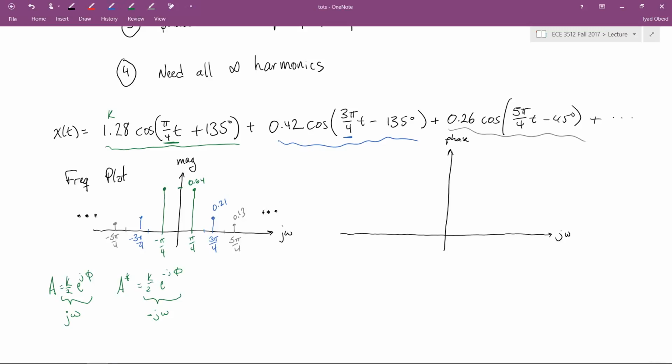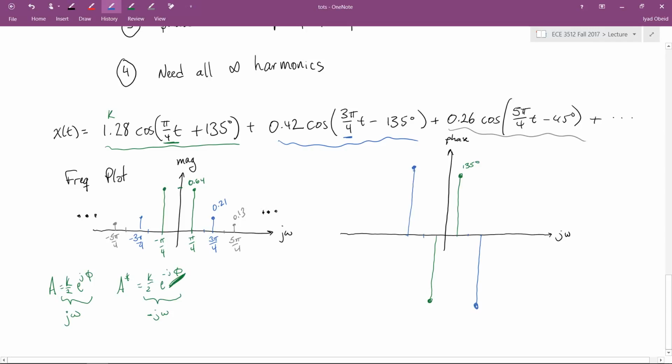Now let's look at the phase angle. For pi over 4, we have a phase angle of 135 degrees. At negative pi over 4, we should have the negative of that, so negative 135 degrees. At 3 pi over 4, we have a phase angle of negative 135 degrees, which means at negative 3 pi over 4, we should have positive 135 degrees.